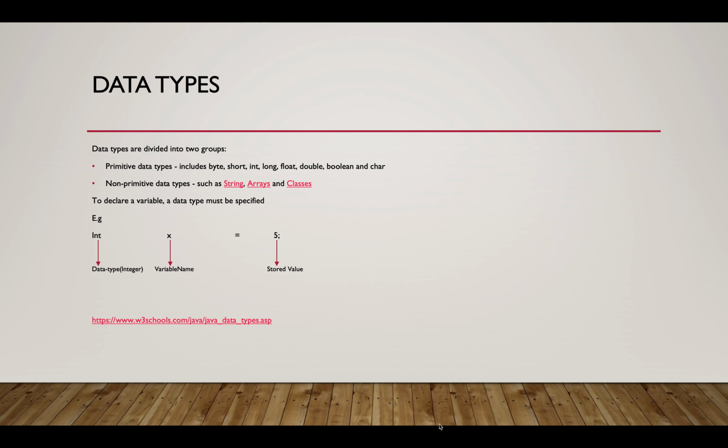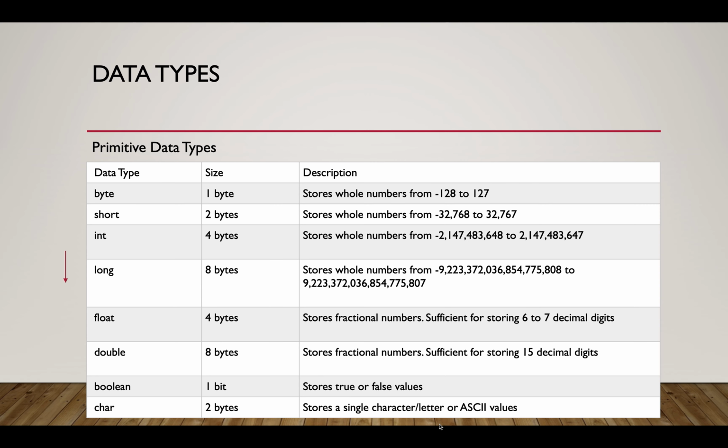Let's take a brief look at what data types are before we continue on types of variables. In Java programming, data types are divided into two: the primitive data types and the non-primitive data types. For primitive data types, we have the byte, which has a size of 1 byte.